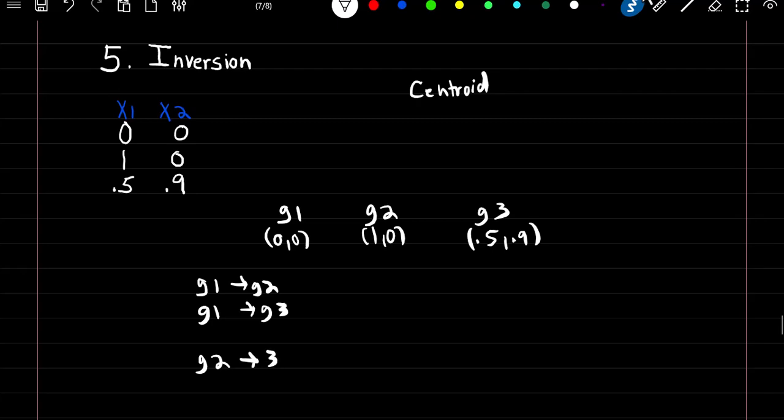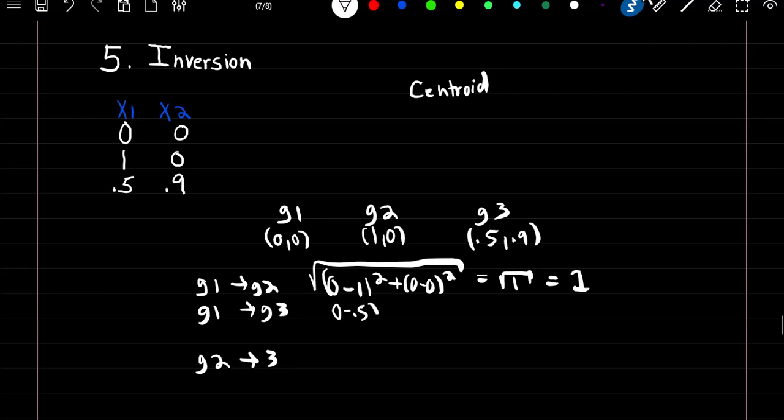Our Euclidean distance from group 1 to group 2 is going to be 0 minus 1 squared plus 0 minus 0 squared. Take the square root, and we will get the square root of 1, which is just equal to 1. From group 1 to group 3, 0 minus 0.5 squared plus 0 minus 0.9 squared. Take the square root, and we will get the square root of 1.06.